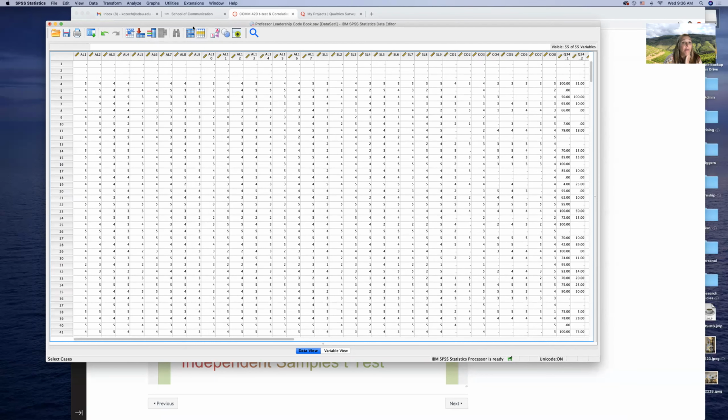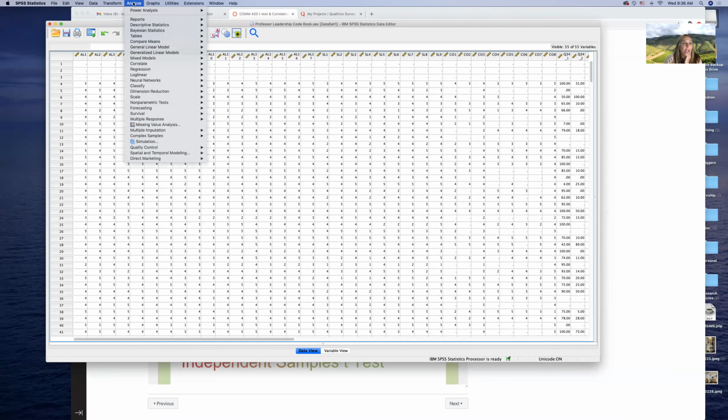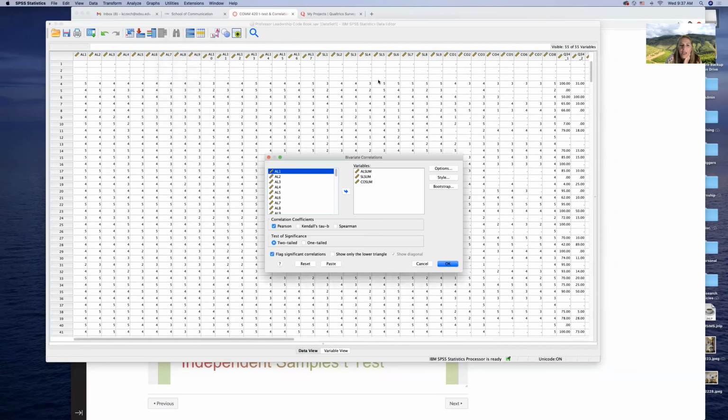At any rate, I'm going to come up to analyze, really easy, correlate, bivariate, always bivariate. I'm going to click that. As you can see, I've already got my 3 interval variables in there. I want a Pearson's. Remember, Pearson's are two-tailed.